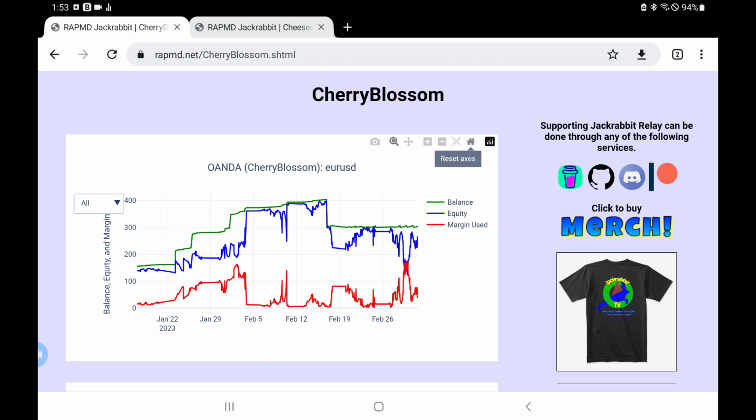You need to be able to look at your exposure, the blue line, or I should say the red line, excuse me. The equity is how much you have taking off your exposure. The red line, margin used, that's how much is in the market at that moment and what you could potentially lose.